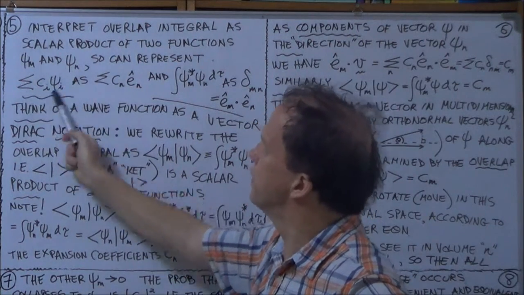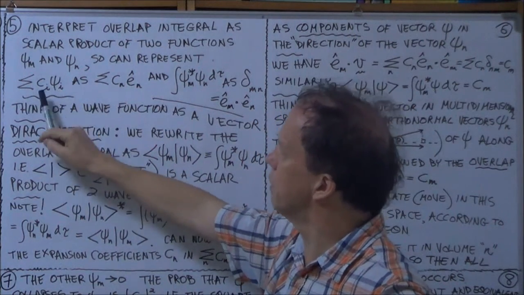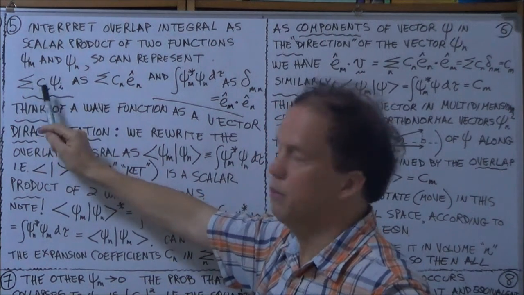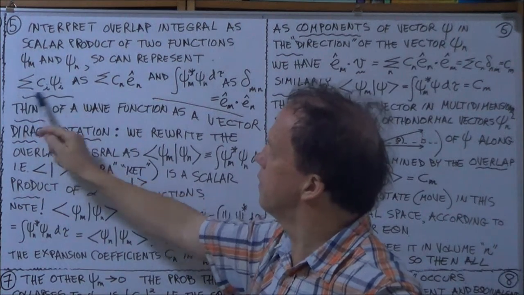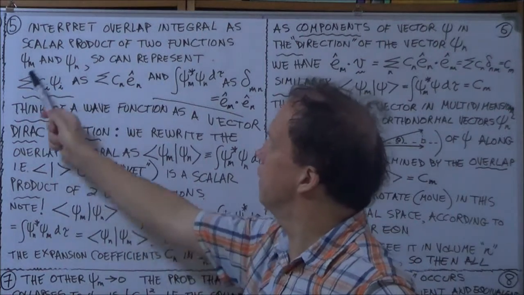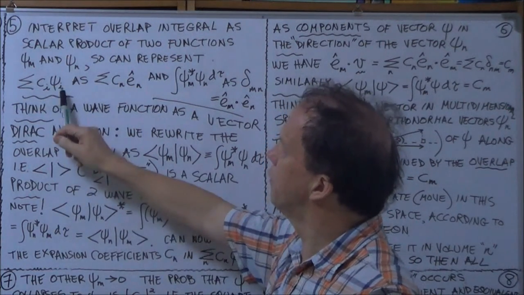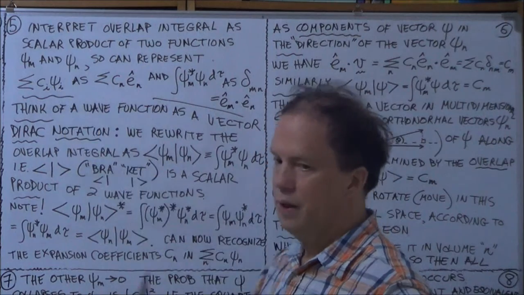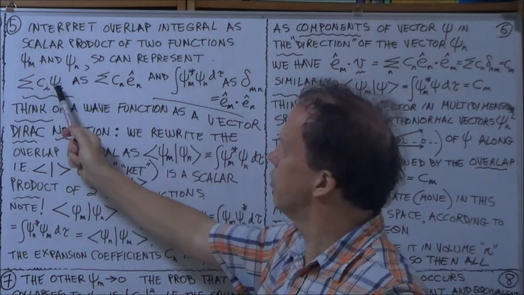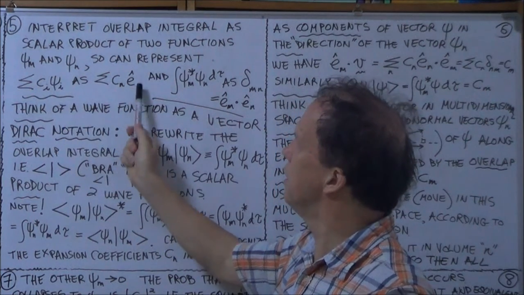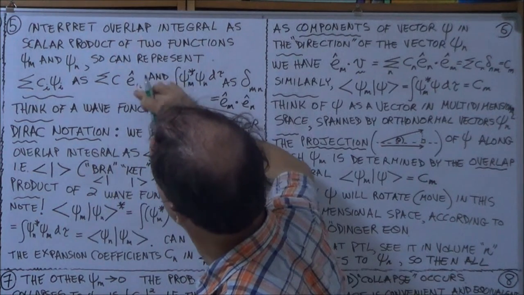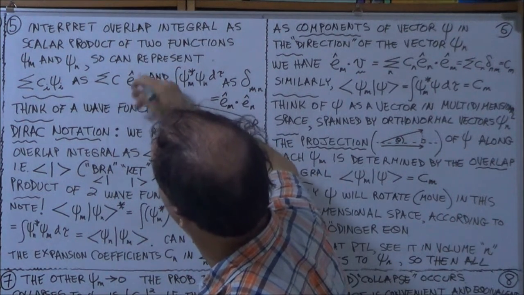So here you have a superposition. You're adding wave functions, weighted. You multiply each wave function by some complex number, and then sum the whole thing. So that's a superposition wave function here. And you can think of that: now if you think of the wave functions here as unit vectors, you can rewrite that as e_n hat, or I could make that i.